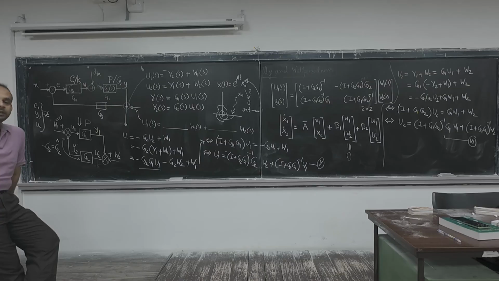Why? Because suppose G1 is your plant or G2 is your plant. Now in most of the cases where we need a controller, the plant is unstable, right? So if you have a product of one stable transfer function and one unstable transfer function, then the product will have the same unstable eigenvalue, right? So it doesn't belong to RH infinity. That is the problem.